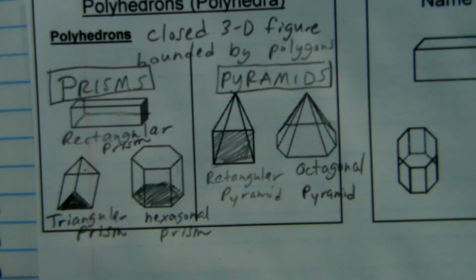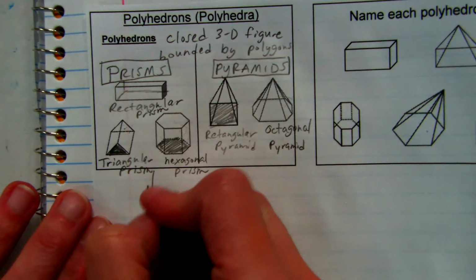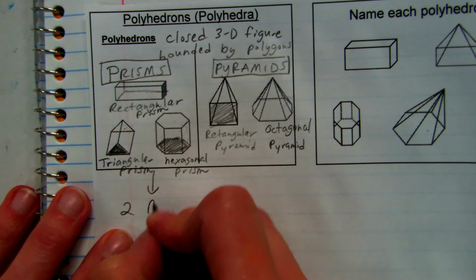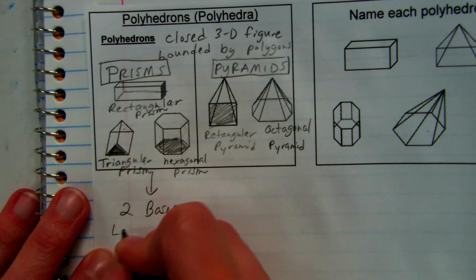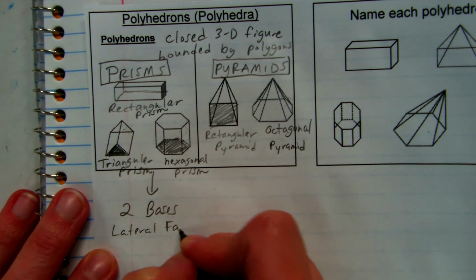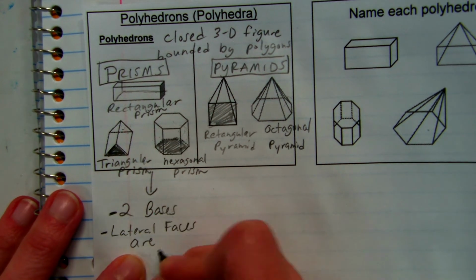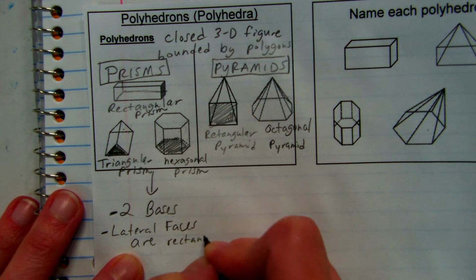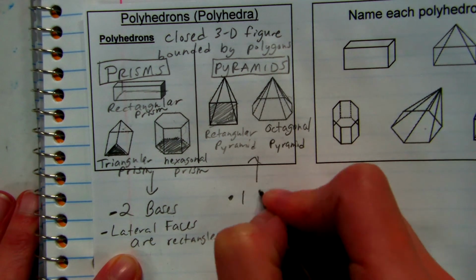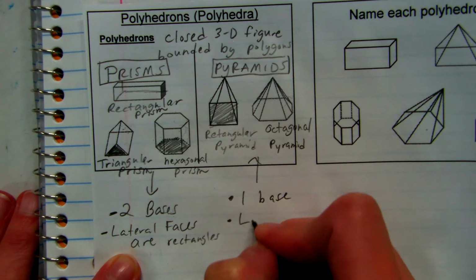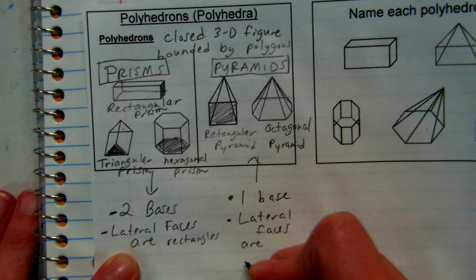Okay? So we have a little bit of space underneath this box. So prisms have two bases that are polygons, and then what we call the lateral faces, which make up the sides, are, I'm going to make this like bullet points. The lateral faces are rectangles. Over here for the pyramid, you have one base, and the lateral faces are triangles.